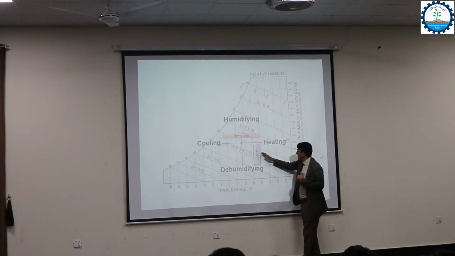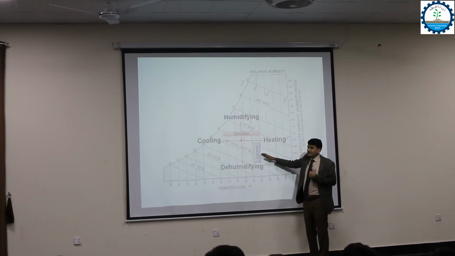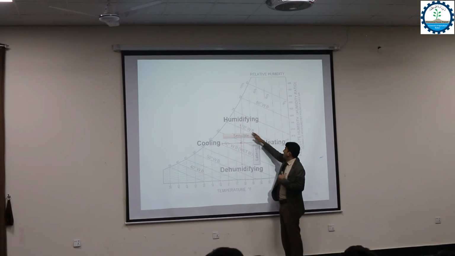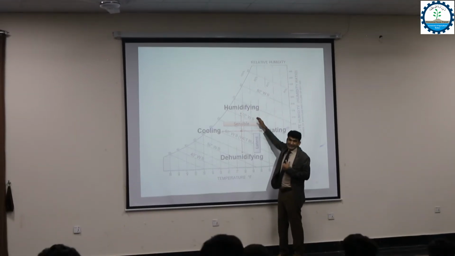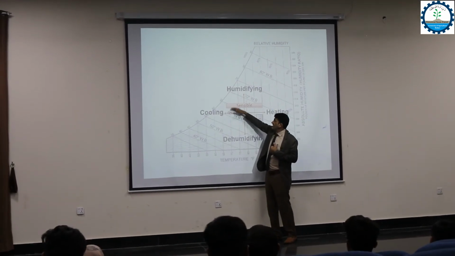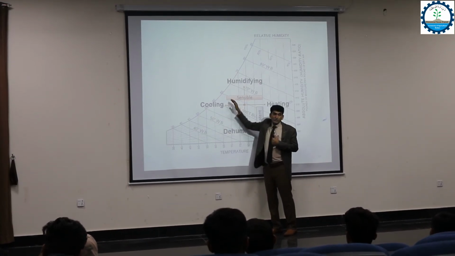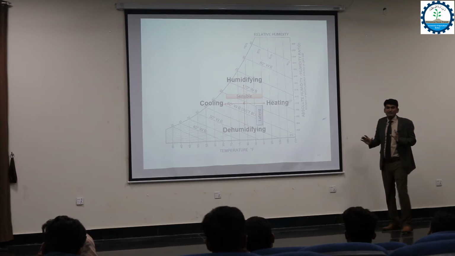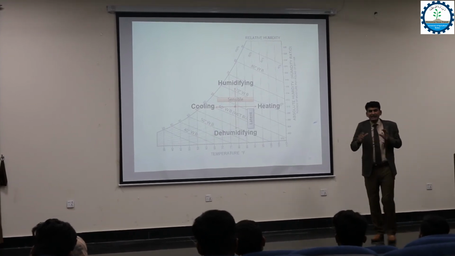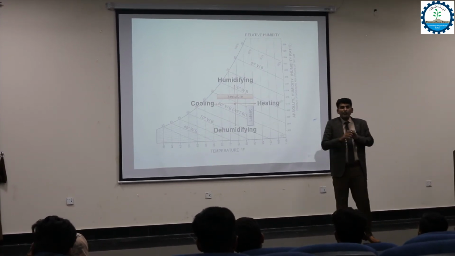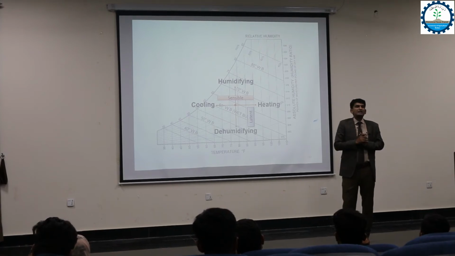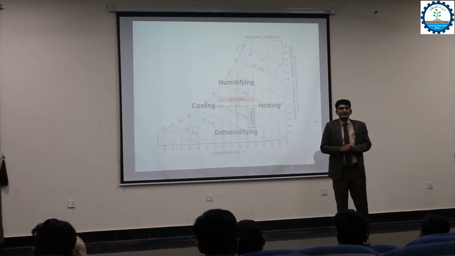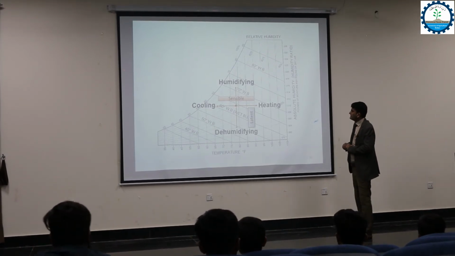Same way, this is the heating and dehumidification region. And this is the humidifying and heating region. And this is the humidifying and cooling region. So you can divide the sections or trend lines in the perspective of the thermodynamic processes that are happening in the psychrometric chart lines.